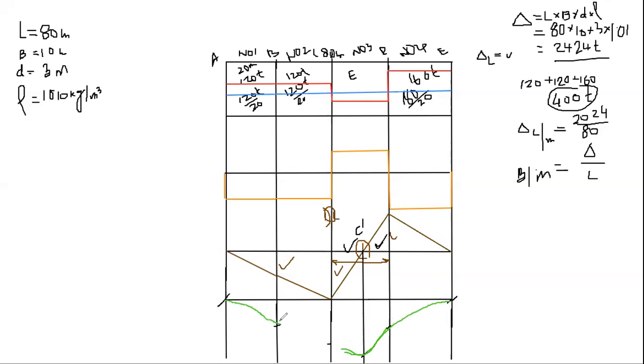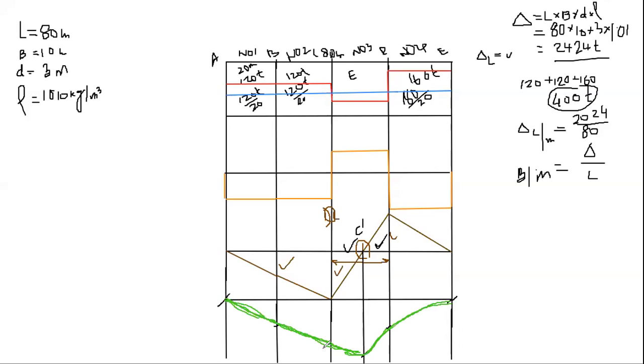It will be a curve like this. I have not put the value here, that's why the distance is something different. But once you put the value, you will get a smooth curve like this.